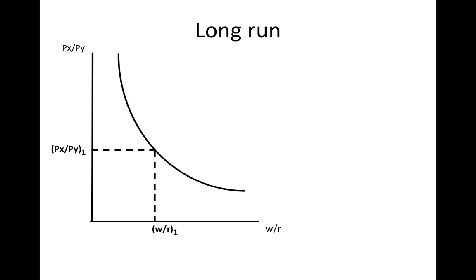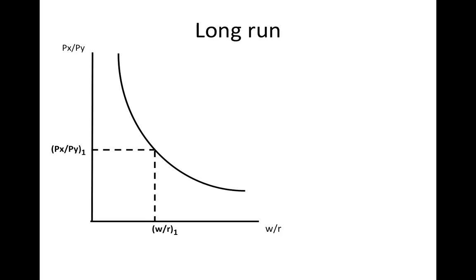So here is a relationship that we've talked about a number of times, which relates the cost of inputs on the horizontal axis, the wage-rental ratio, and on the vertical axis, the relative prices of the two goods, the price of the capital-intensive good compared to the price of the labor-intensive good. And there's a separate video that talks about how this relationship is derived, but let's take this as given.